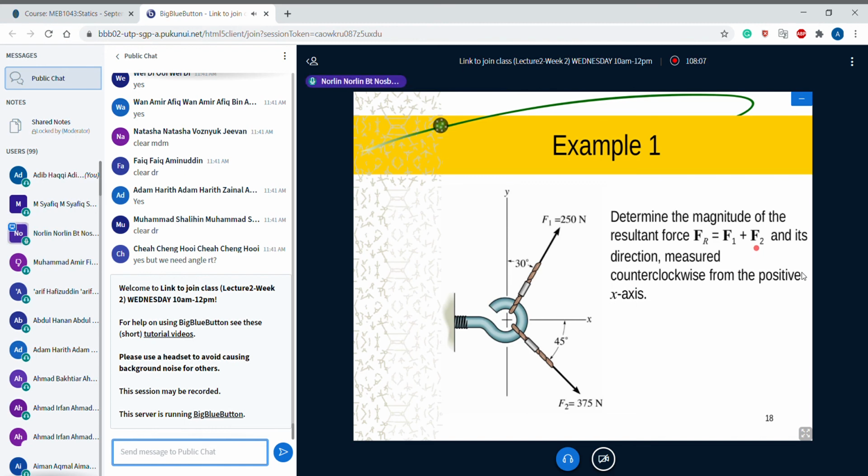What is the first thing you need to do? Refer back to the procedure. First thing you need to draw.